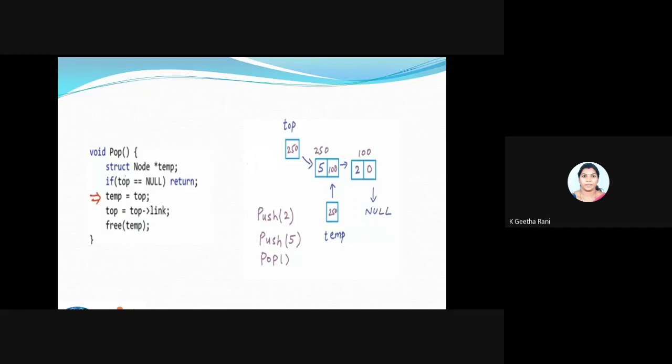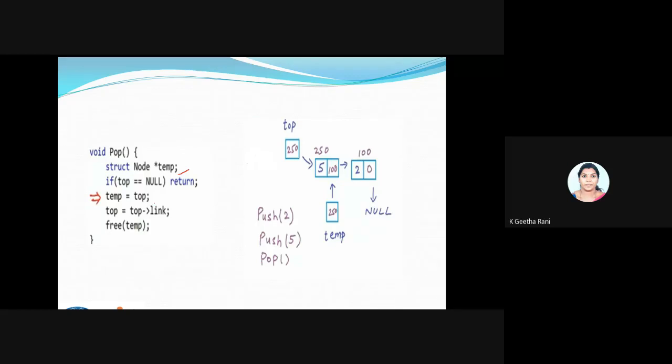Here I'm trying to create a temporary variable. I'm going to pop a node, so I don't need to create a node there. Since I need to pop this, I'll create a temporary that points to this first node. Here I'm making a check condition: if my top is equal to null, just come out. If my top is null, I can't pop anything, so I just return from the process.